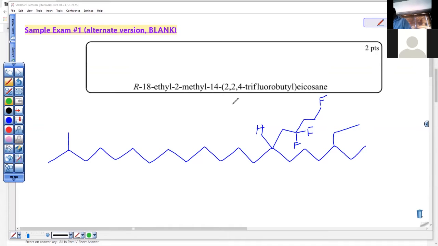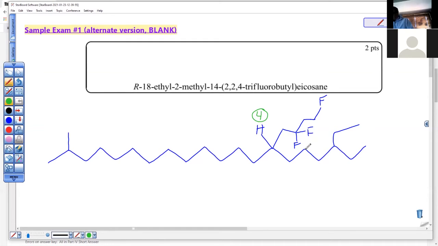And priority 4 is definitely a hydrogen, the lowest massed atom attached to the stereocenter. We have a 3-way tie for the highest mass: carbon, carbon, carbon. This is a CH2, as is this, as is this. They are still tied up to this point. You go to a second carbon with an F, and a second carbon.